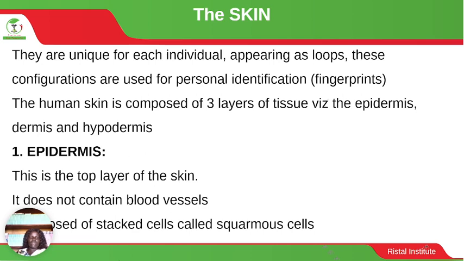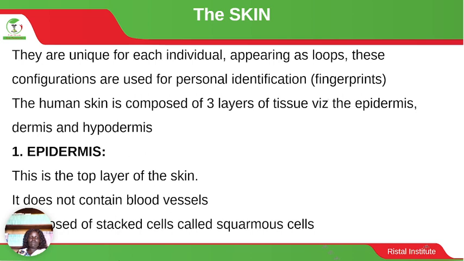These configurations are used for personal identification, or what we can say as fingerprints. That's why when you go for your ID or nationality, you will have to press your fingerprint. This is because fingerprints can never be the same. So the fingerprint for one person is only for that person.